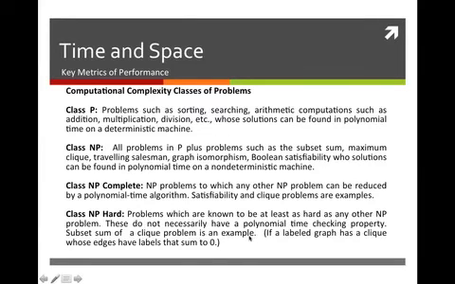So if you take a labeled graph and then try to determine a clique, a maximum clique maybe, whose edges have labels that sum up to 0, even if you could have a deterministic or non-deterministic machine that could tell you what these cliques are in polynomial time, as we actually mentioned over here, in this class, you will still have to have another layer of exponential effort to decide whether in fact the clique you found has edges whose labels sum up to 0.